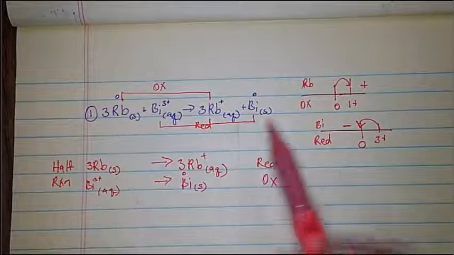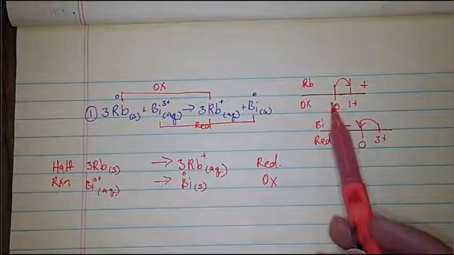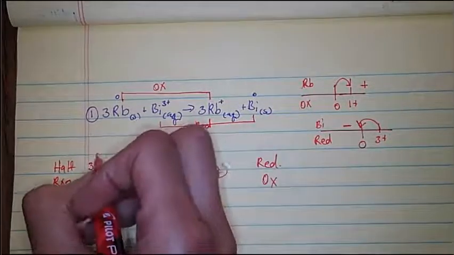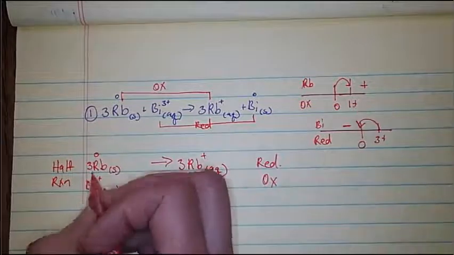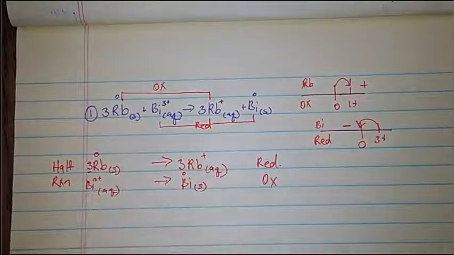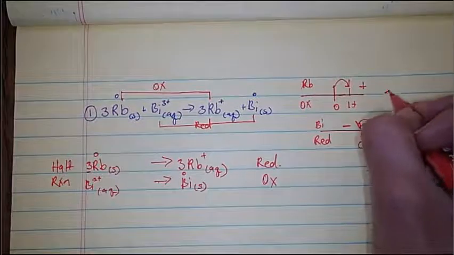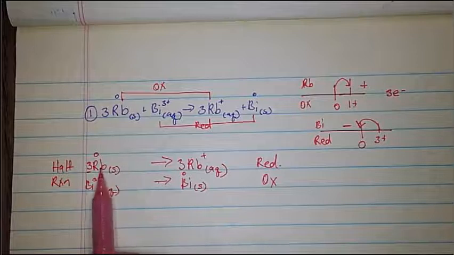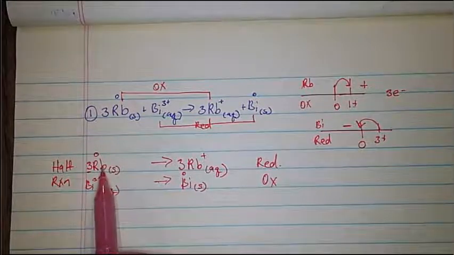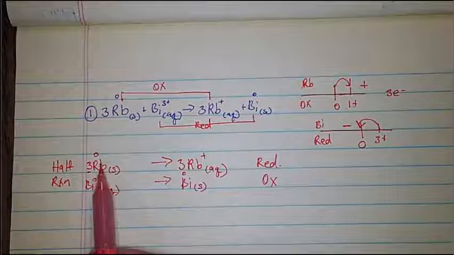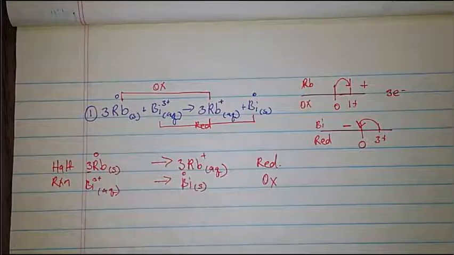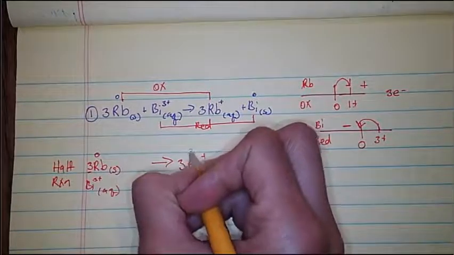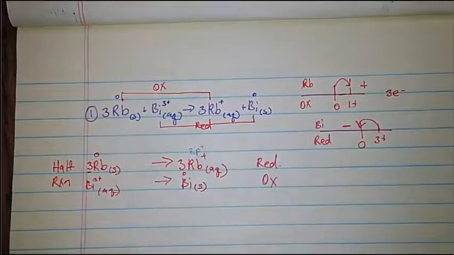In this case, my rubidium is going from a 0 charge to a plus 1, but it does this 3 times. So that actually means that it is losing 3 electrons. Where are those 3 electrons going to go? Well, you've got rubidium with a 0 charge here, and then you've got sort of 3 protons here.